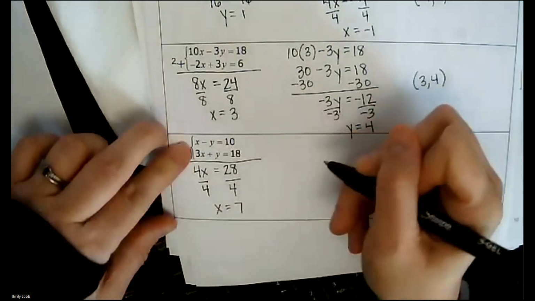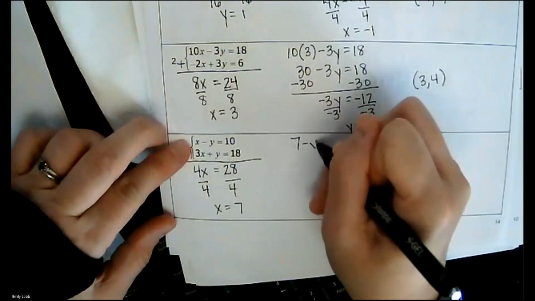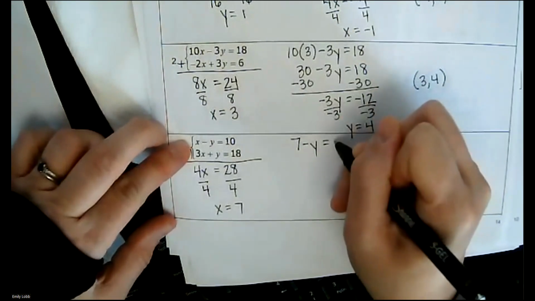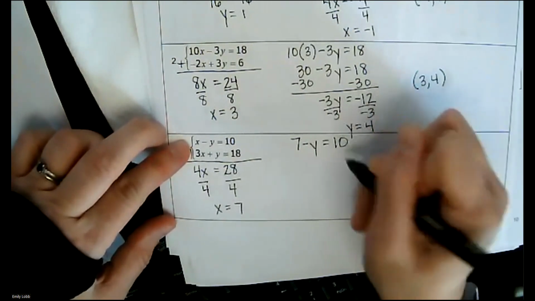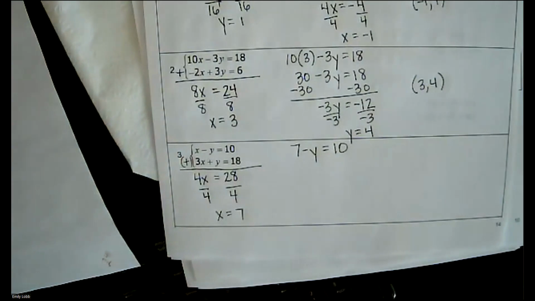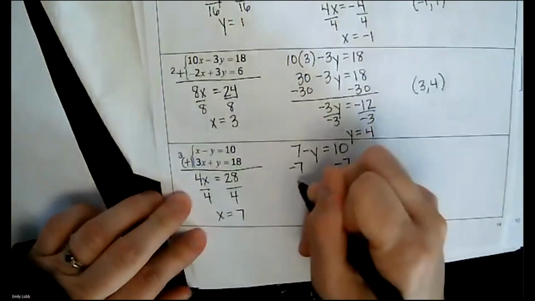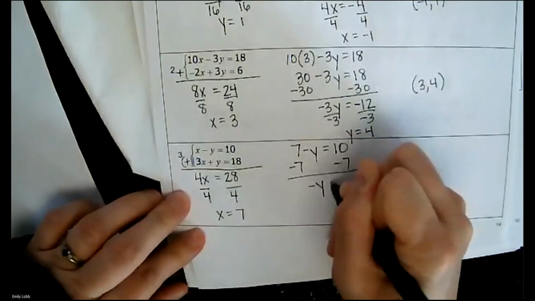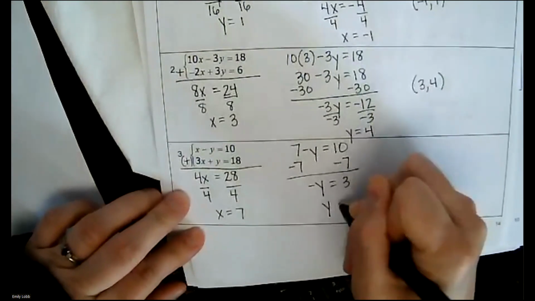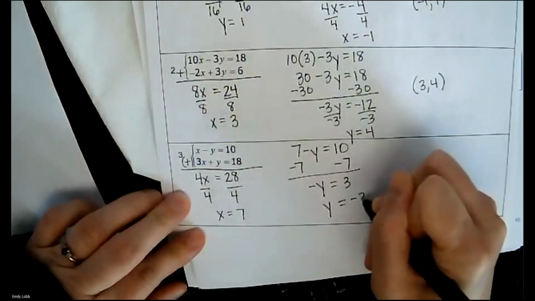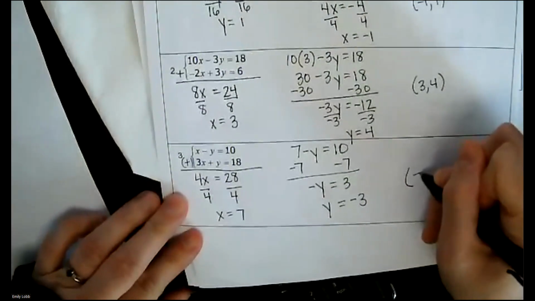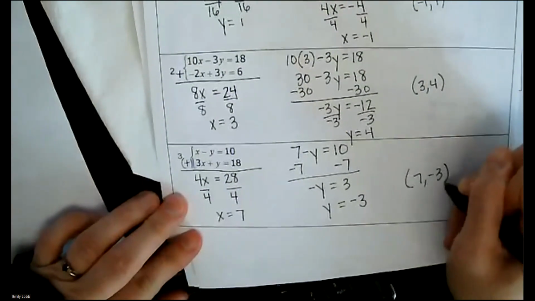If I plug that in, I have 7 minus y equals 10. I got to get rid of that 7. So the opposite of y is equal to 3, which means y has to be negative 3. So this is the point 7, negative 3.